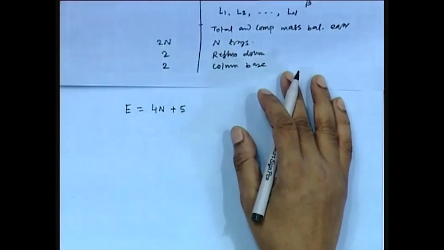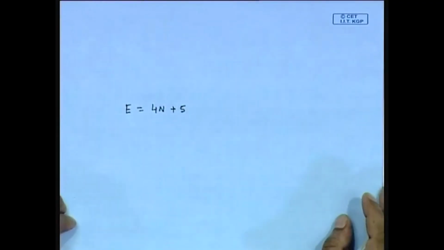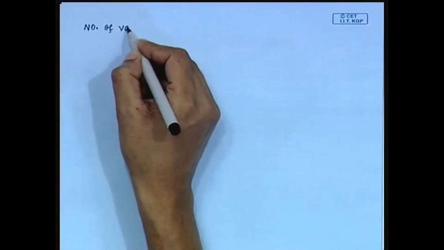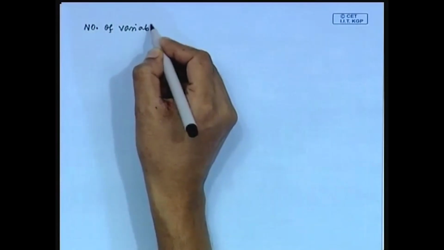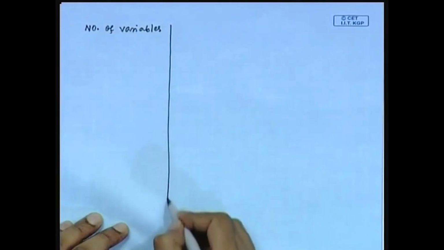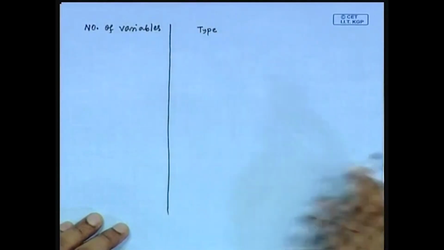So, next we have to find the total number of variables V. Next we will calculate number of variables and type of variables.